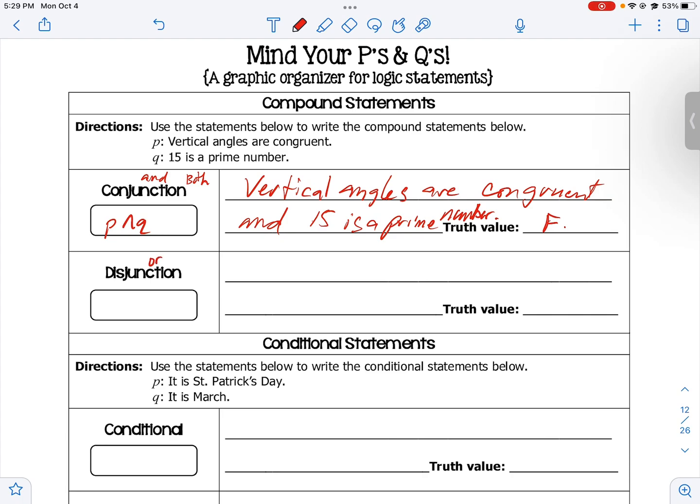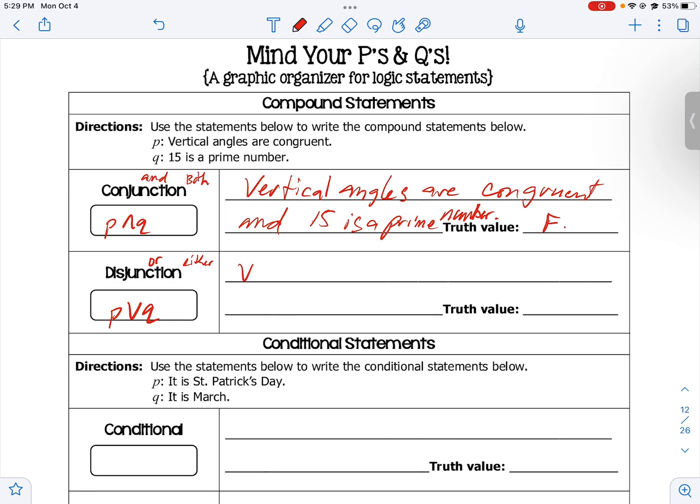Okay. Disjunction, which is "or." Either or. So it can be either one to be true. It makes the whole thing true. So that's P or Q. Remember the little guy. You want to be like, I don't know. It's my little I don't know V guy. So the disjunction, this or that. I don't know, this or that.